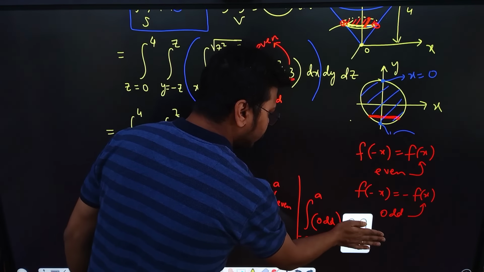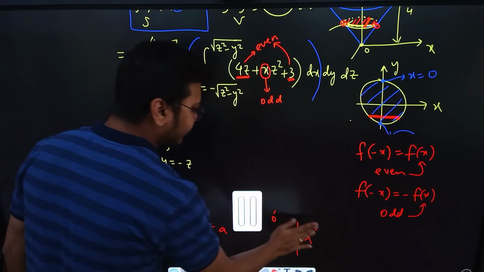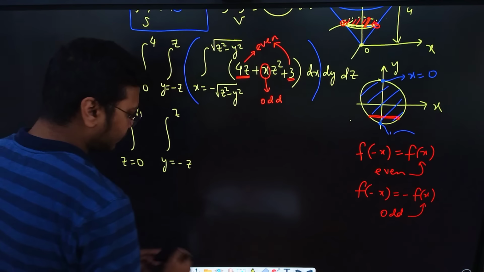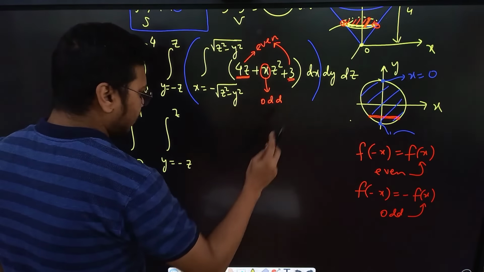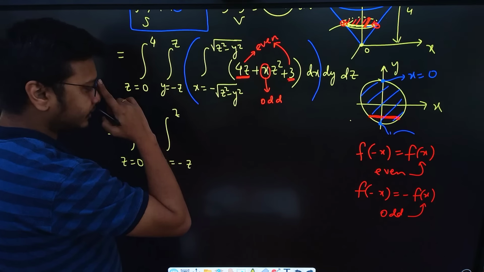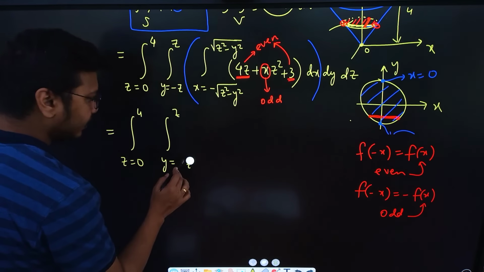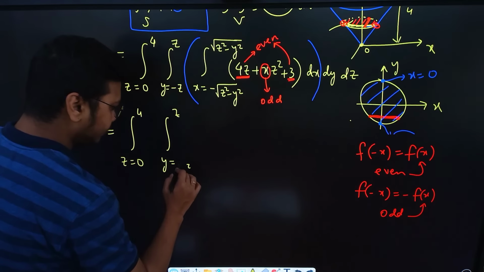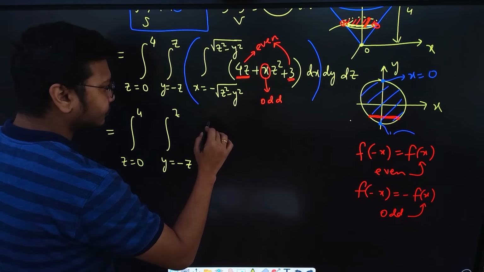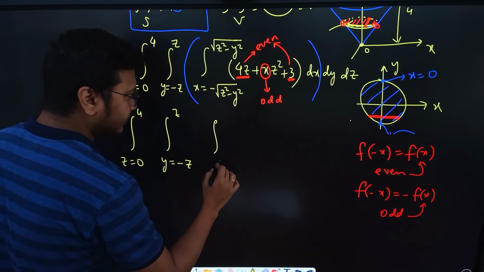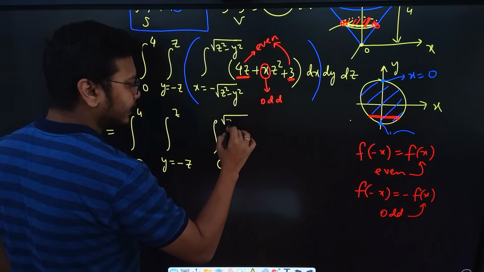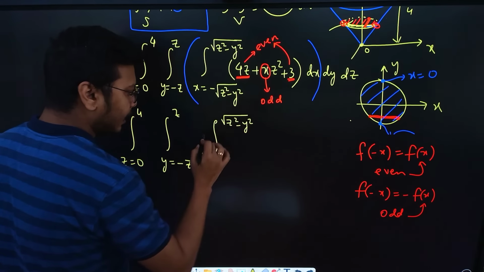Okay, so let's just incorporate that over here. So for the first function, it's an even function, so I will write, let's keep it minus z to z, integration 0 to root over z square minus y square and a 2.